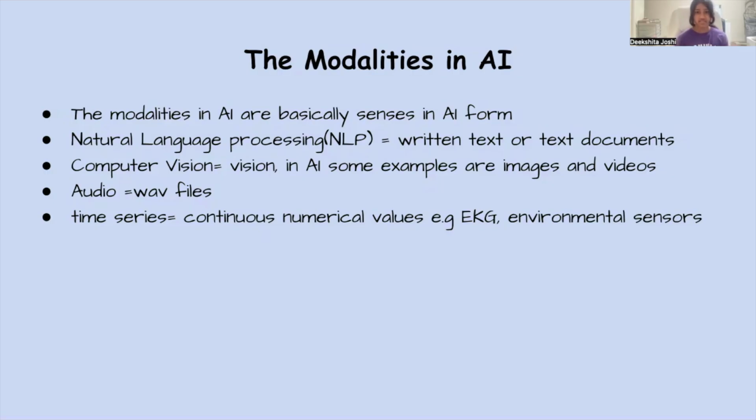Some examples are images and videos. We had a big conversation about that. Audio, wave files, can detect the frequency of the talking and get trained like that. Time series are continuous numerical values, for example EKG and environmental sensors. So basically sensors or stuff like that.